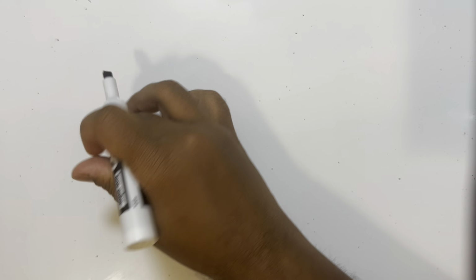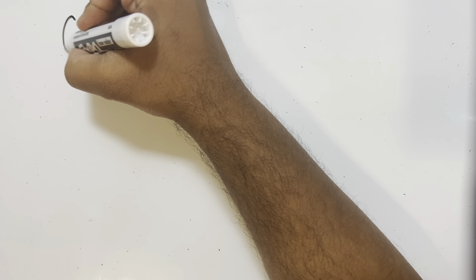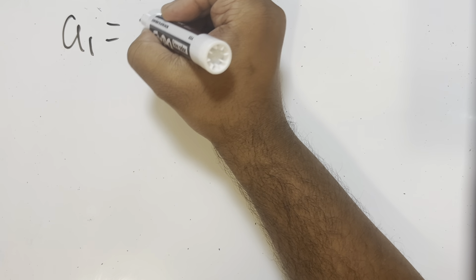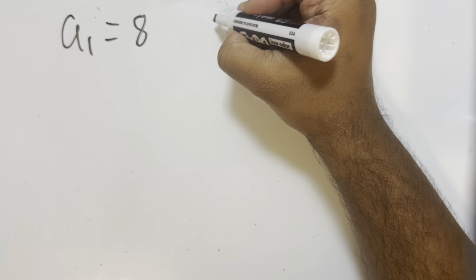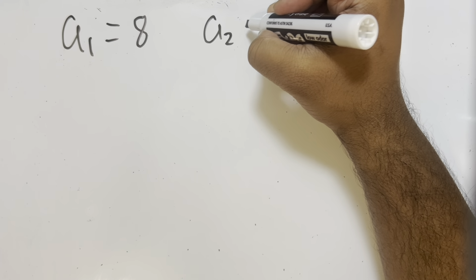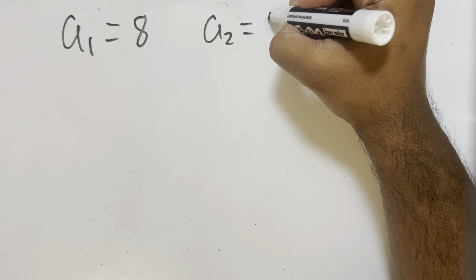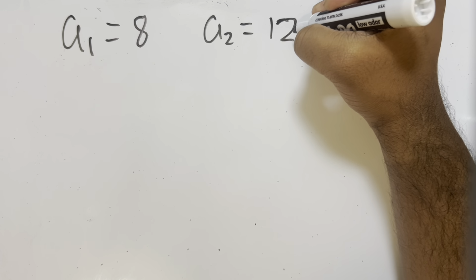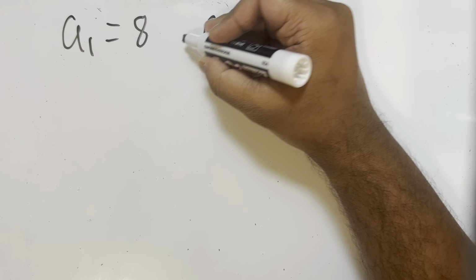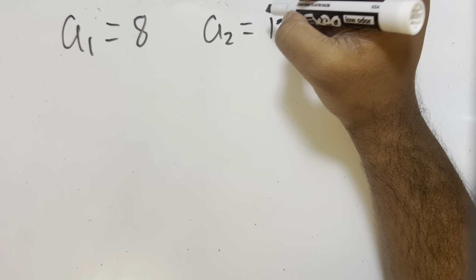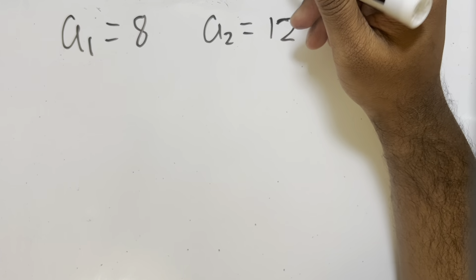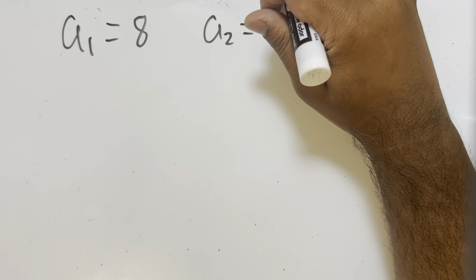All right, let's keep it in mind, right? So, first day he travels. So my A1 is 8. Remember, he travels 8 miles from Rivendell. My A2, then how much does he travel on the second day? Another 12 miles, right?